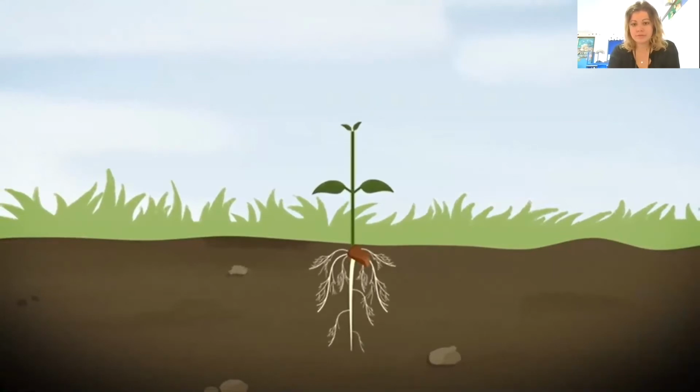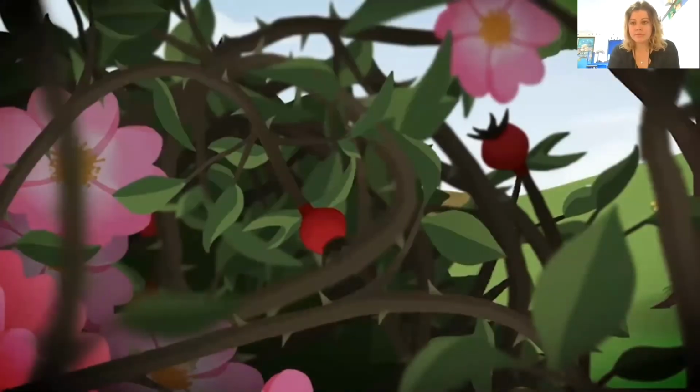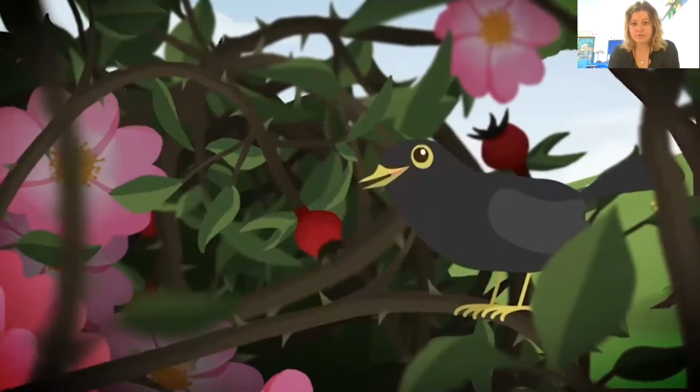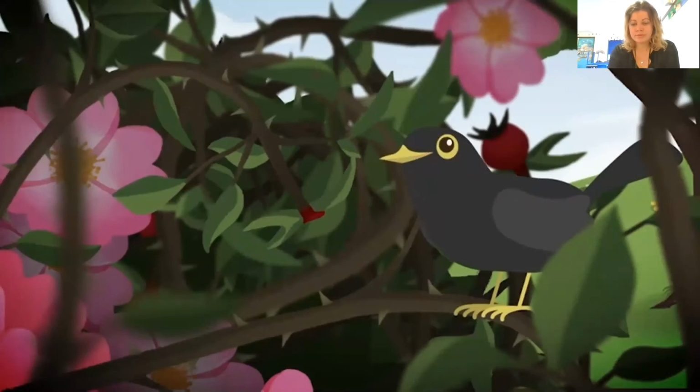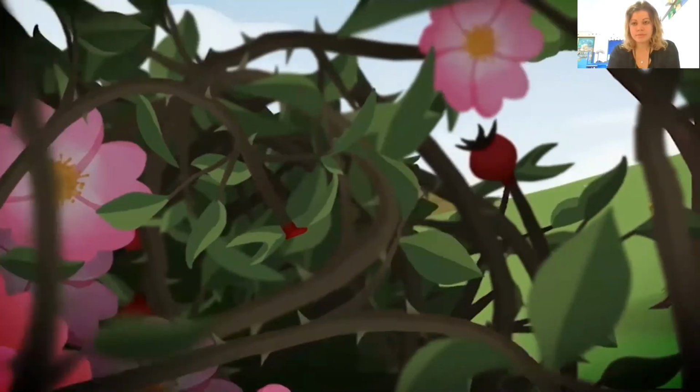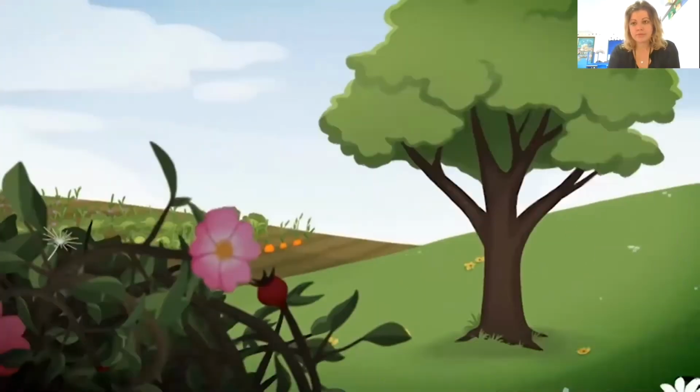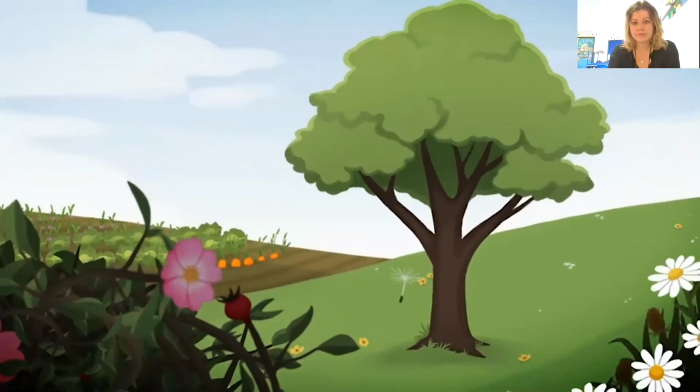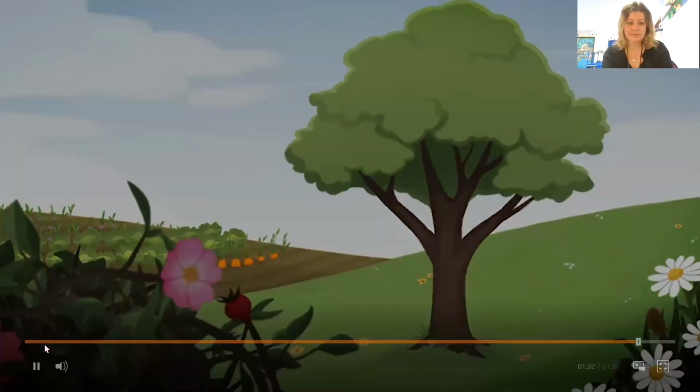The shoots will then grow a stem and leaves above the ground. Some plants will grow flowers that will turn into fruits and make their own seeds. The seeds will get spread by animals, humans, or the wind, and the process will start all over again. We call this the life cycle of a plant.